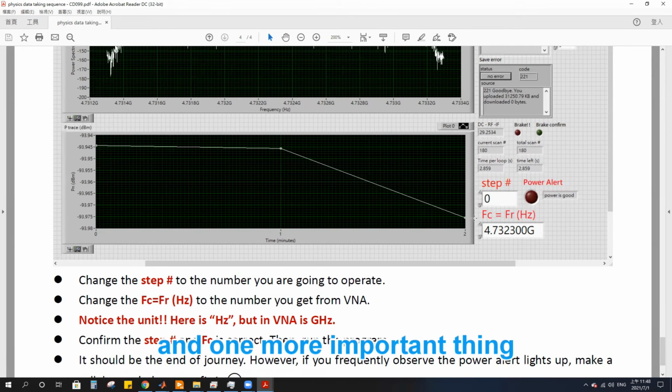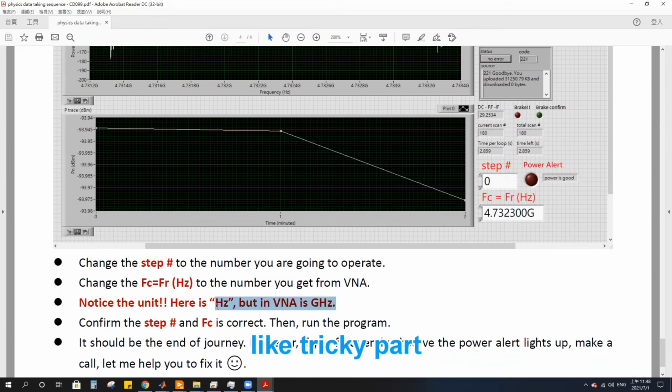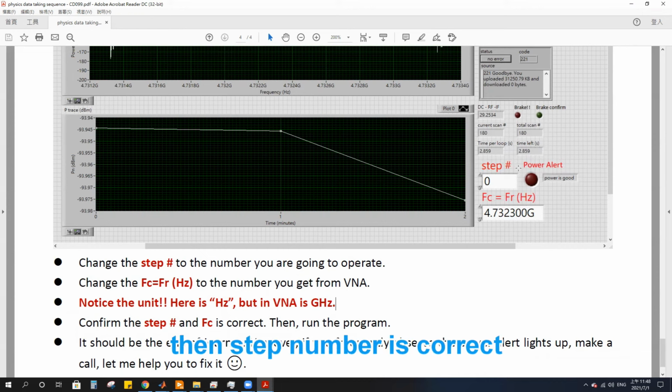One more important thing, please notice that this is a tricky part of the program. From the VNA, the unit is gigahertz. From here, the unit is hertz. So make sure you type this G here. Then you confirm the step number is correct and the central frequency is okay.